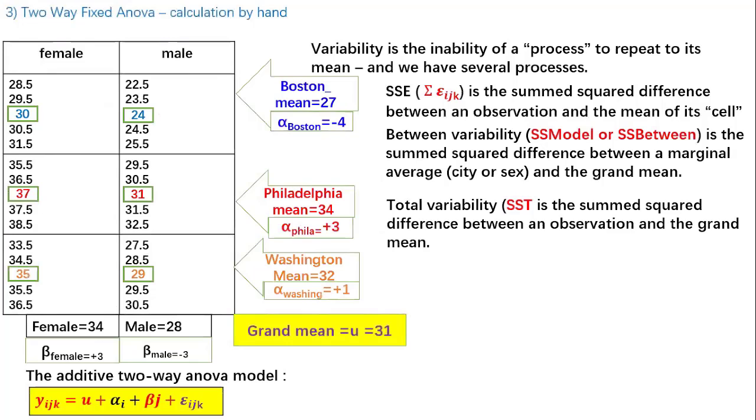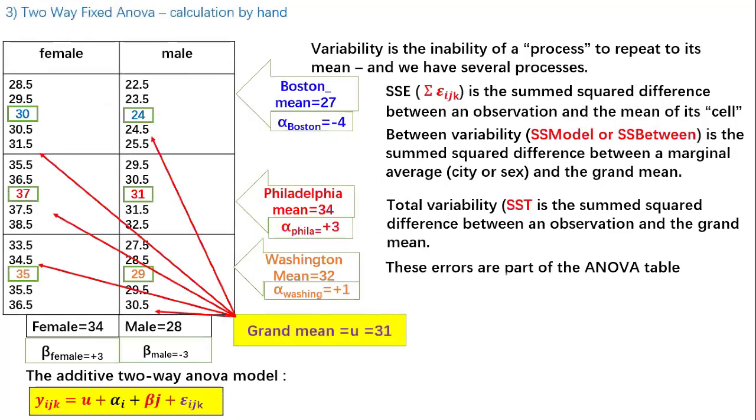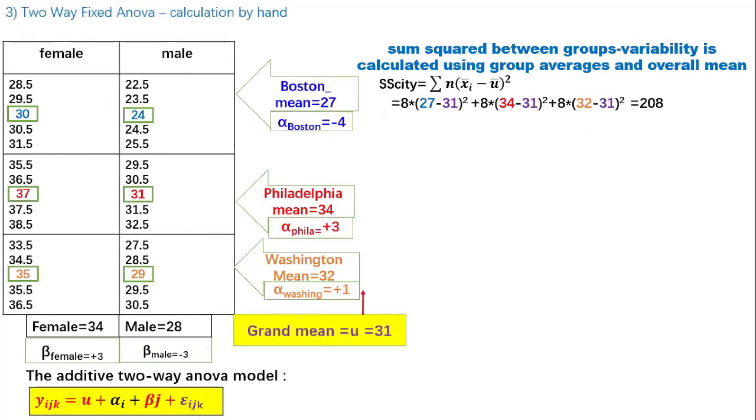So total variability is the sum square of difference between observation and the grand mean. These arrows are part of an ANOVA table. Sum square between groups variability is calculated using group averages and the overall mean.